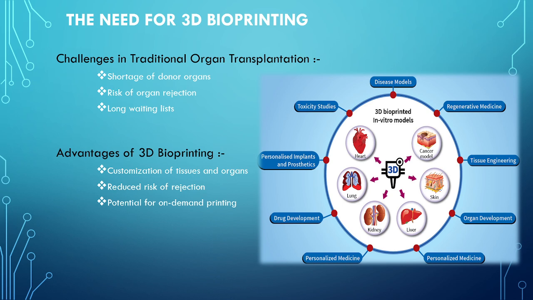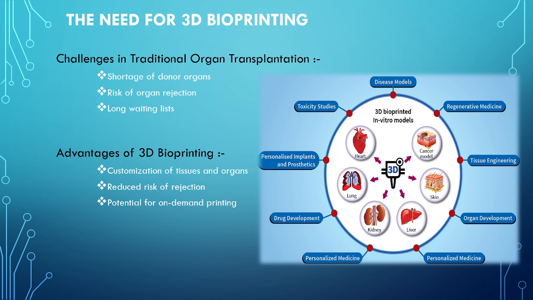Challenges in traditional organ transplantation are the major problem we have here in the industry, right? In the worst cases we have to recommend organ transplantation. Even though the technology has developed and we have a very sophisticated and safe life, in some worst cases, if we meet with a huge accident, we need to go for an organ transplantation.